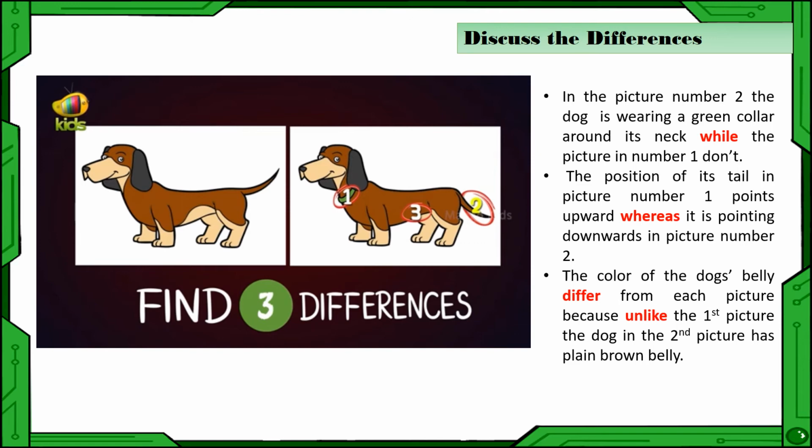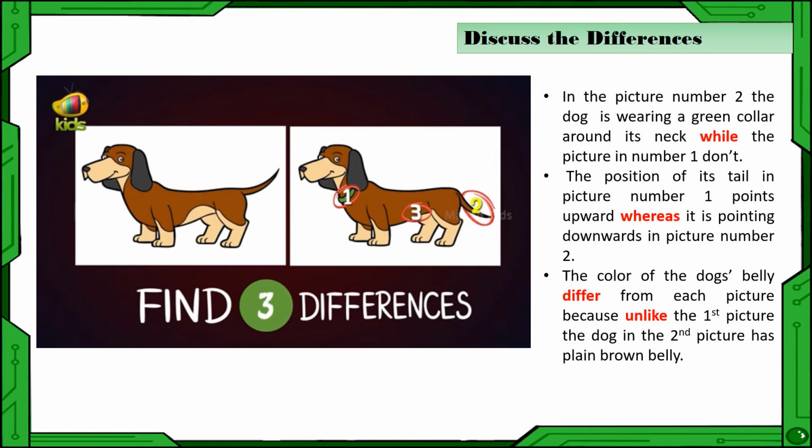Okay? Number 2: the position of its tail in picture number 1 points upward, whereas it is pointing downward in picture number 2. And you can also use two transition words for contrast. You can construct your sentence a bit longer.